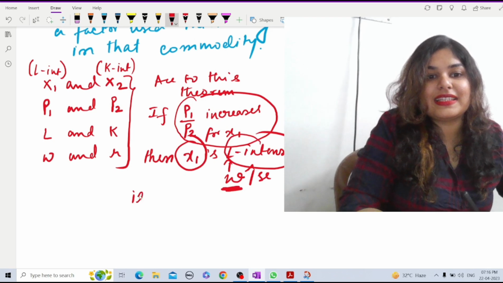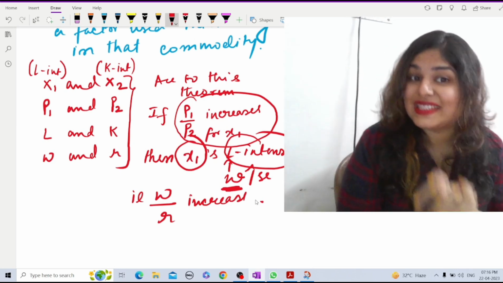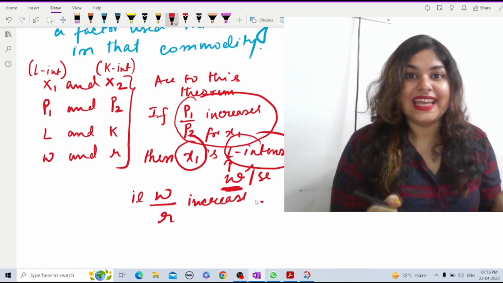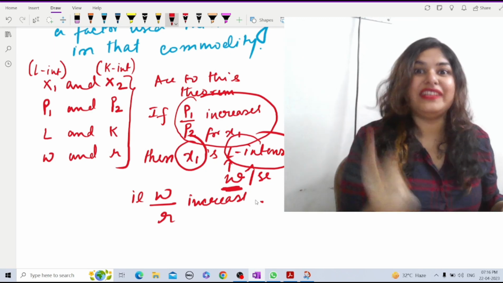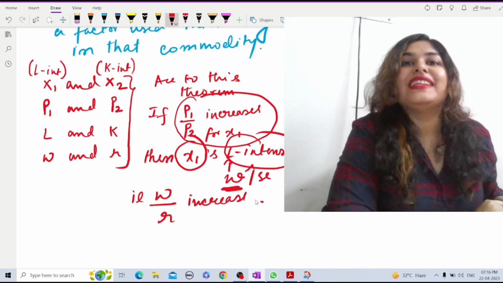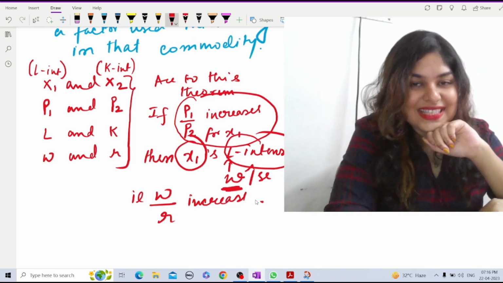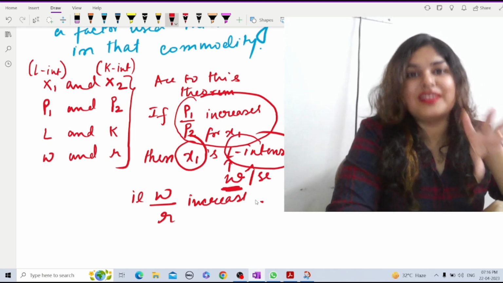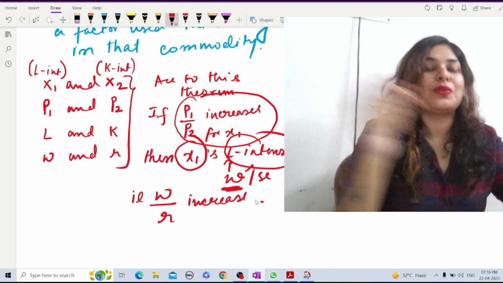So W by R will increase. This is our Stolper-Samuelson theorem, which means that if the relative price of a product increases, then whichever factor that product uses intensively, the return to that factor will increase. Since X1 is a labor intensive good and P1 has increased, the factor used here is labor, so the wage rate will increase, and the wage rental ratio will increase. This is our Stolper-Samuelson theorem.